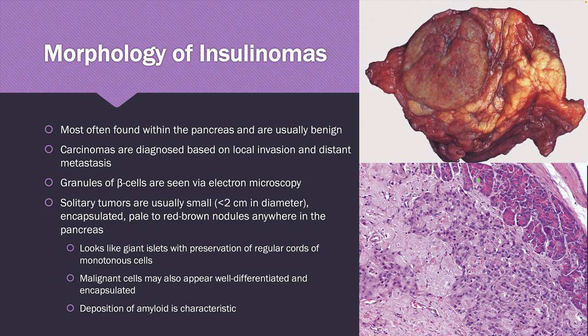Kaya ang pag metastasis talaga, pag malignancy ito, dapat may metastasis ka na makita. In endocrine tumors, actually, majority ganun, kapag meron kang mets, tsaka ka lang talaga matatawag na CA. Deposition of amyloid, such as what you see over here, is quite characteristic for your insulinomas.